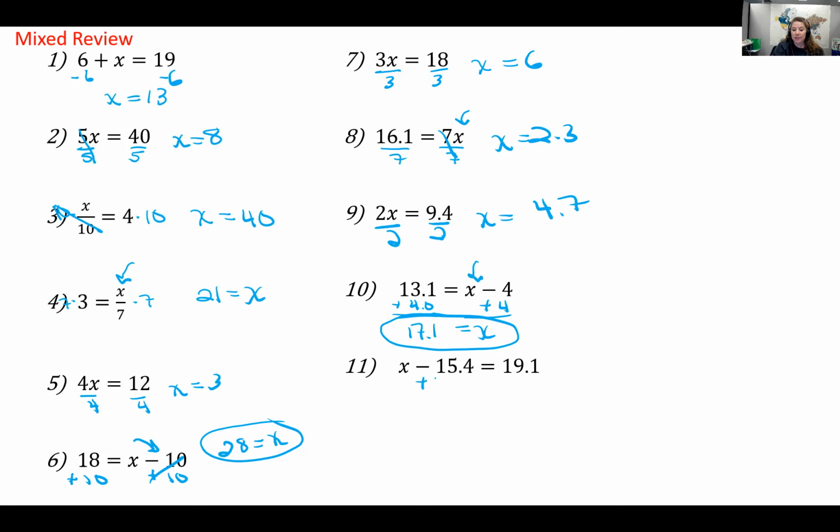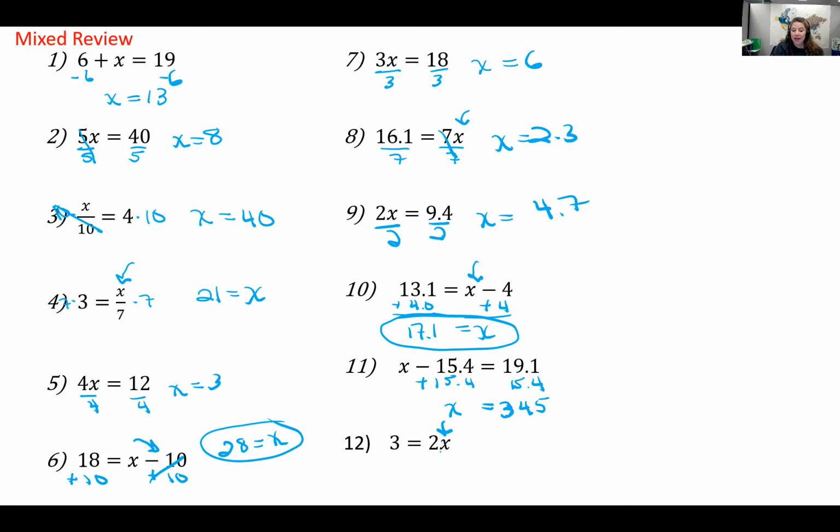We're going to do the opposite. We're going to add 15.4. So x is equal to 34.5.